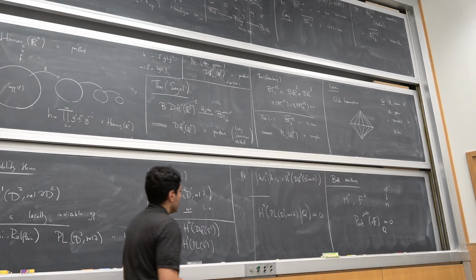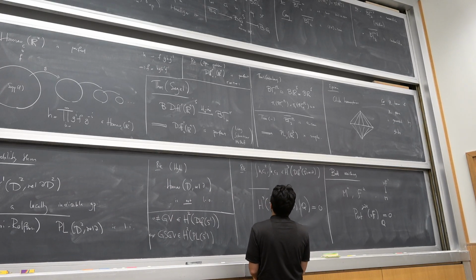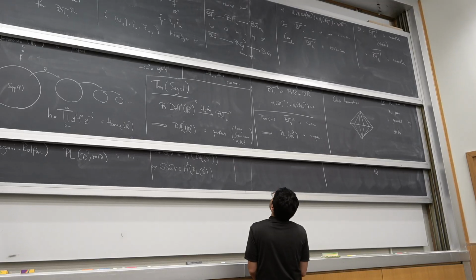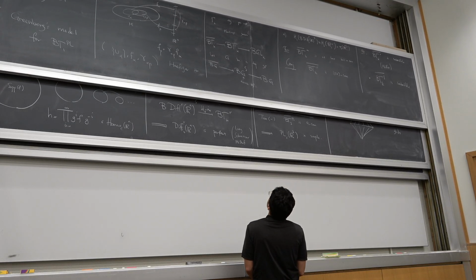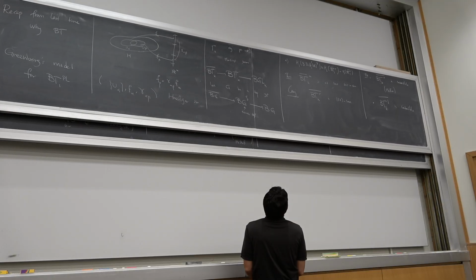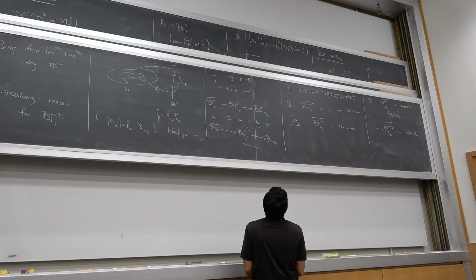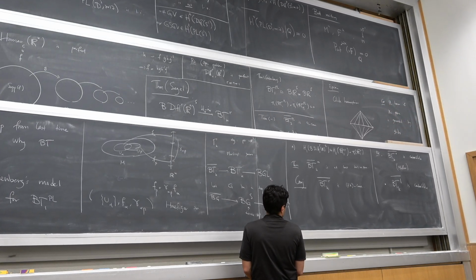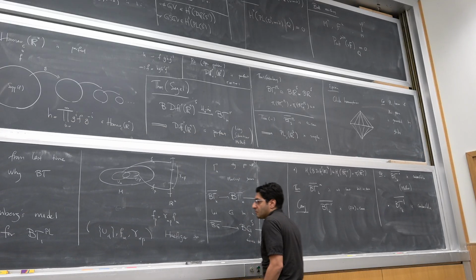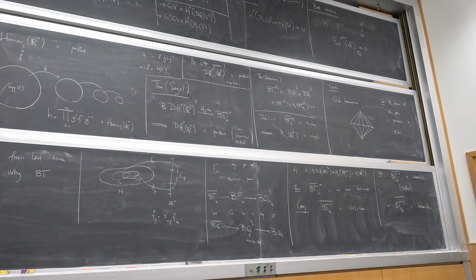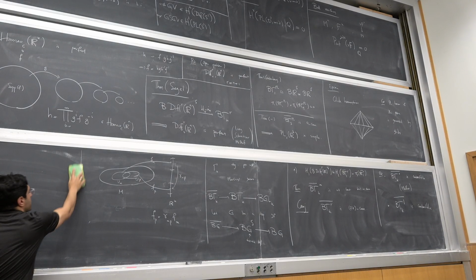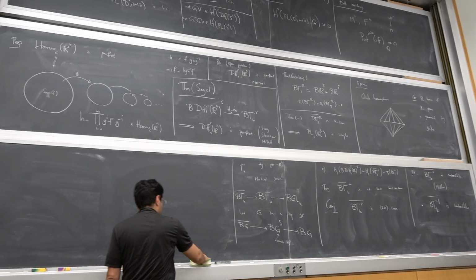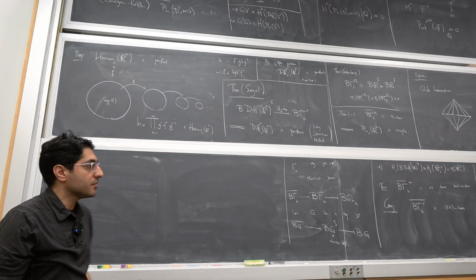So, for example, in codimension 1, when you have a circle bundle, you have an Euler class, and Euler class squared is given by the first Pontryagin class.